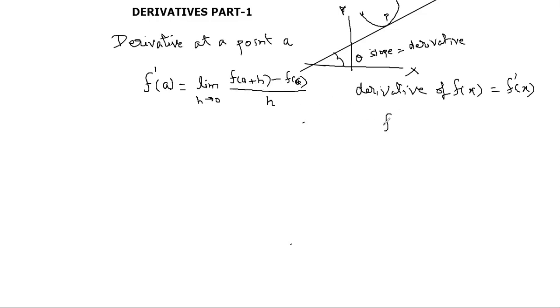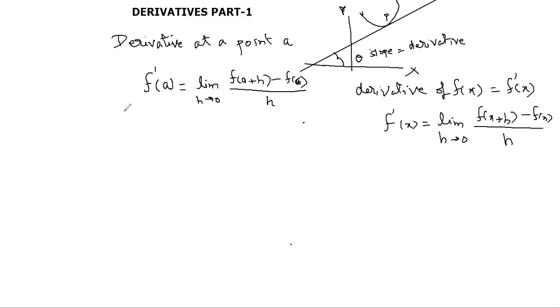Otherwise, if you have to write directly, f dash x will be equal to limit h tending to 0, f(x plus h) minus f(x) upon h. First we will solve this, finding the limit, and at last we will put the point. So this is the formula.